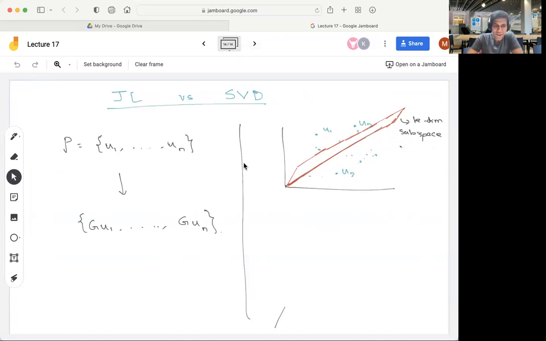Finally, let's get back to some discussion on the two methods of dimension reduction that we saw so far. One is Johnson-Lindenstrauss.